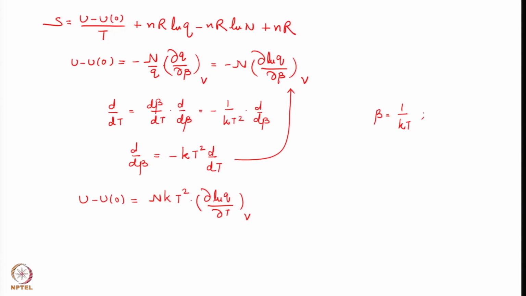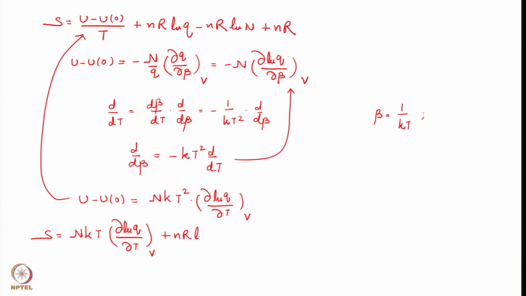Now, let us substitute this information into this expression. What I have now, S is equal to U minus U naught by T. So, therefore, T with T square, one T will get cancelled. So, I will have NkT del log q by del T at constant volume plus nR log q minus nR log N plus nR.